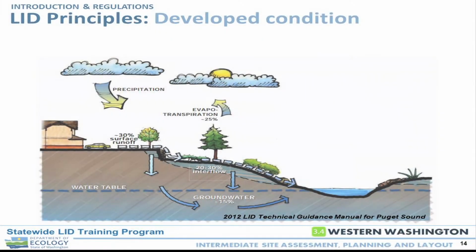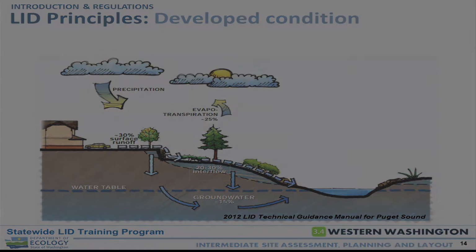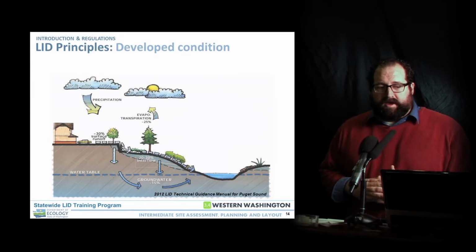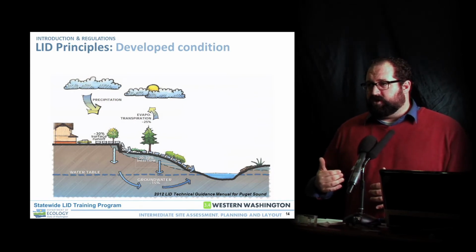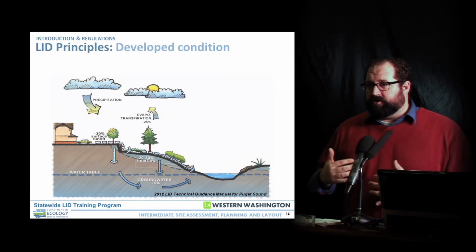Contrast this, and this is pretty basic, meeting a pre-development condition and in a developed condition, we start to try to mitigate some of these issues. We have the same amount of precipitation that's happening, but because of paving and buildings and all of the development activities that we do, we've increased the impervious surface dramatically. What that means is we have significantly less infiltration, so less groundwater recharge.